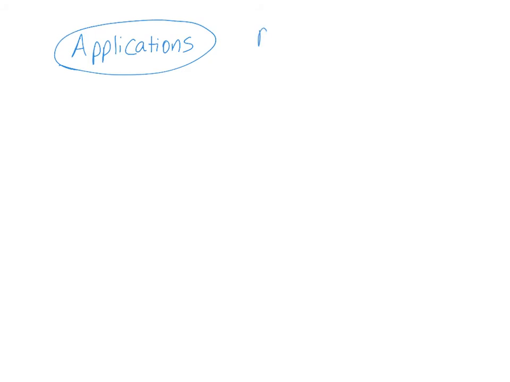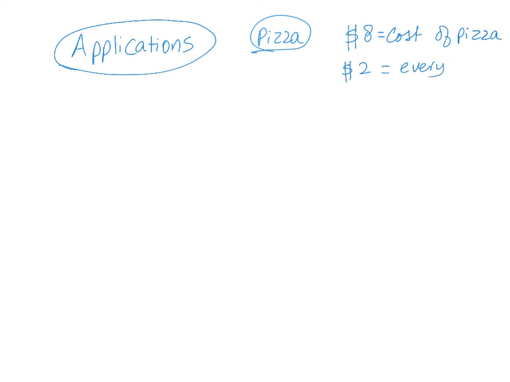So let's say a pizza company is selling pizza, and let's say each pizza costs $8. And now for every topping, they charge an extra $2.